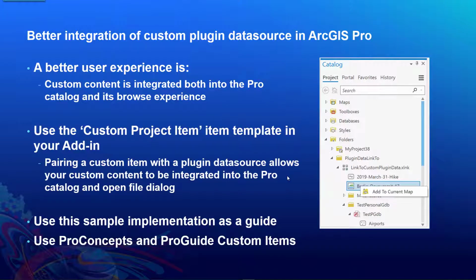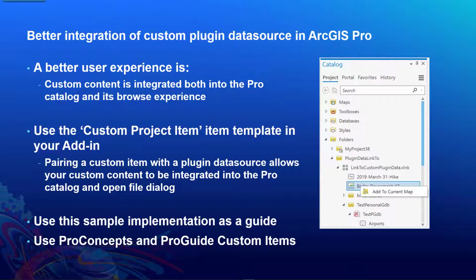We've seen in the previous demo how to create an add-in that allows you to add your custom plugin data source to a map in ArcGIS Pro. However, a better user experience is to have your custom content fully integrated in both the Pro Catalog and Browse experience. To do that, you have to use a custom project item template in your add-in.